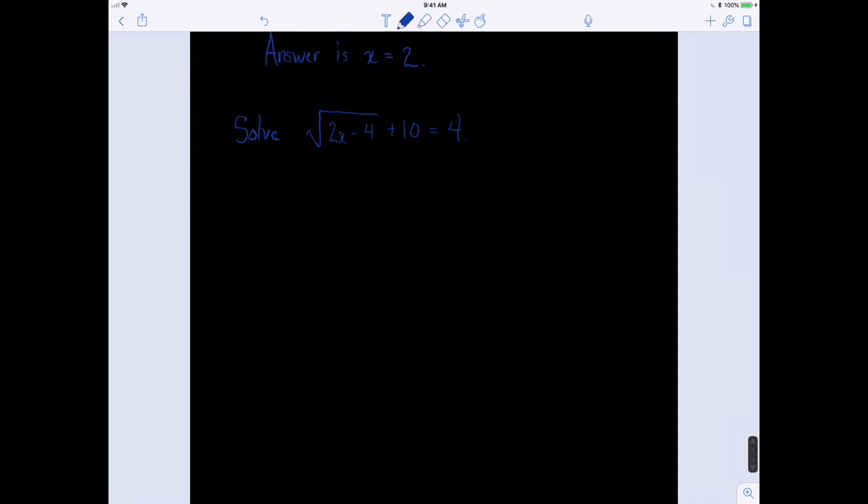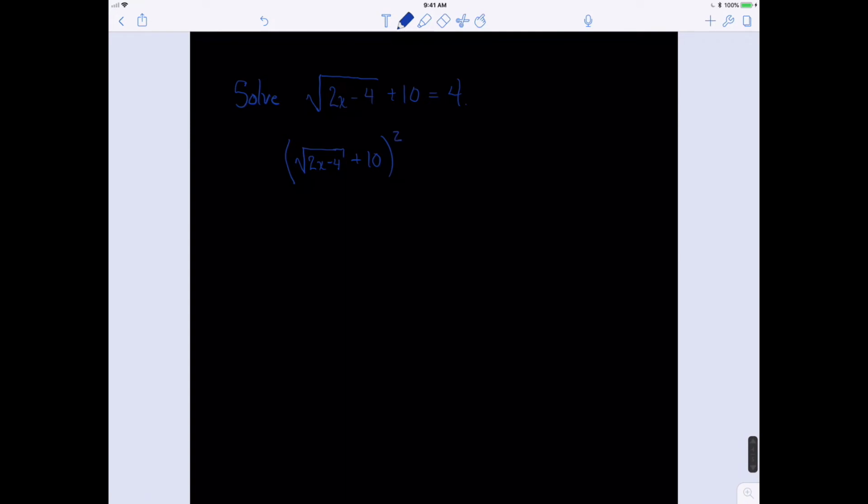Okay, if I square both sides, I will just give you an idea. I would have to square the square root of 2x minus 4 plus 10 on the left-hand side. Now, if I square this, remember, it is not 2x minus 4 plus 100.